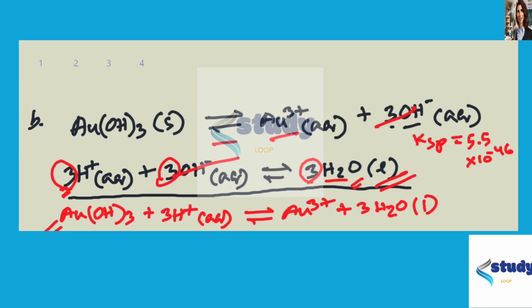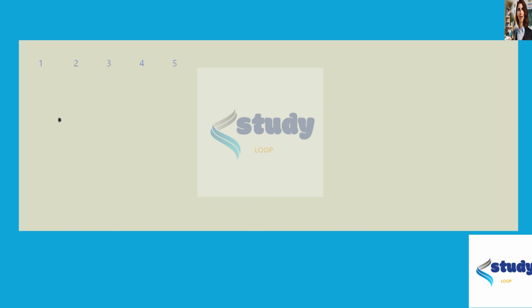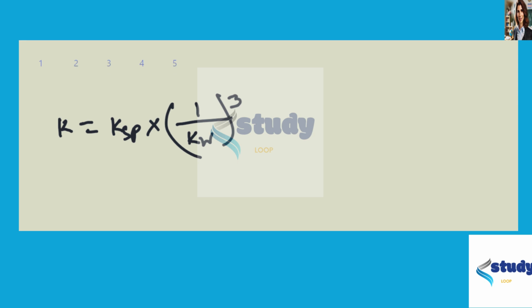And as we know, the equilibrium constant for the net reaction, which we consider as K, will simply be the product of Ksp and this term. So K of the net reaction is Ksp times (1 over Kw) whole cube.